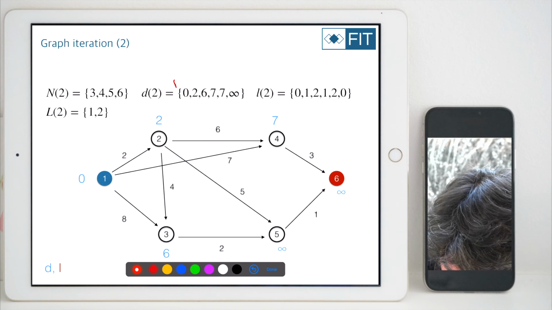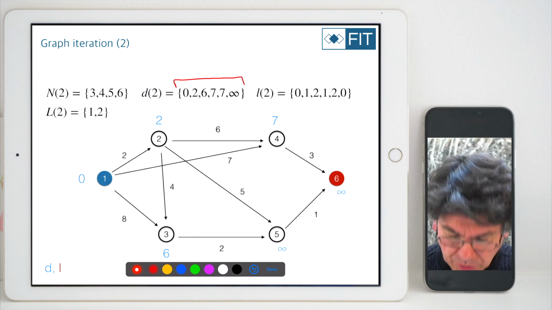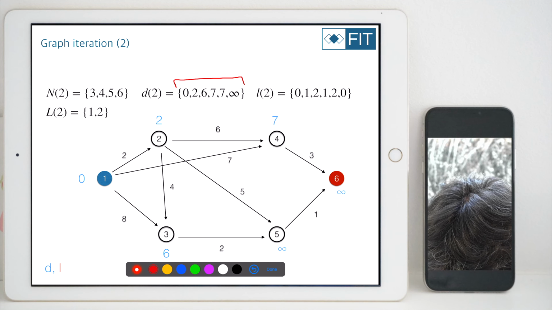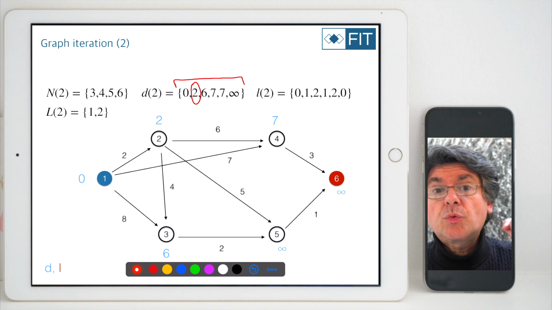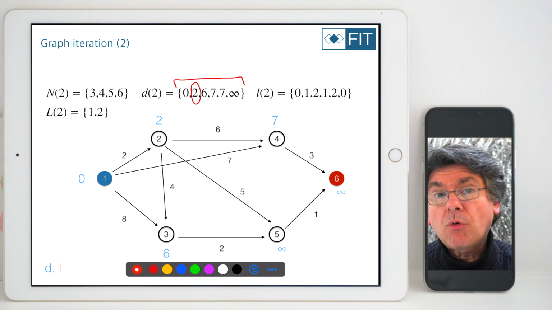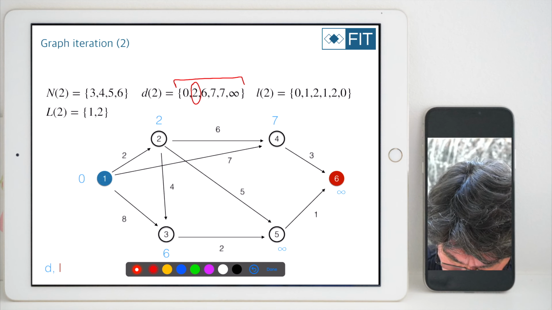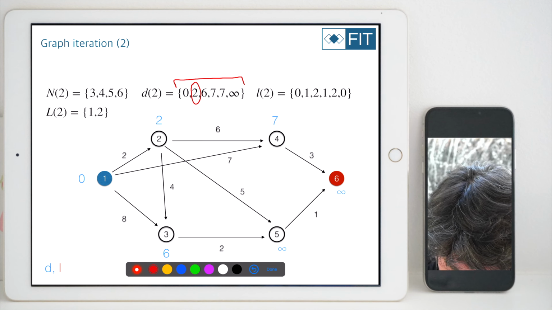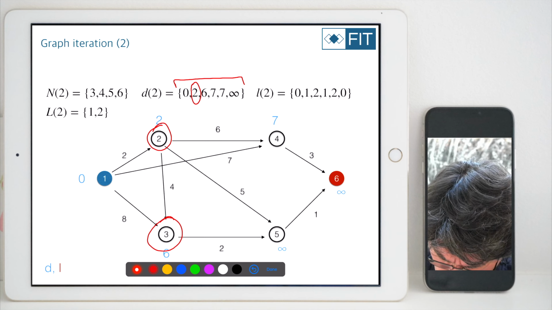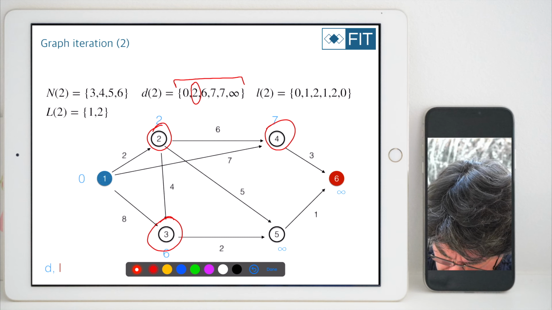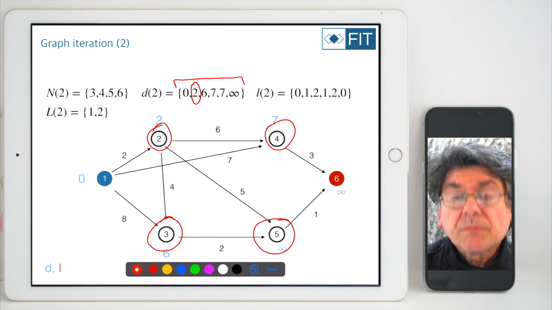In the next iteration, we observe that of all the optimal distances from Toronto, node 2 gives us the shortest distance to Toronto. So we take that as our first destination, and now we examine the next door neighbors of node 2, which happen to be node 3, node 4, and node 5.